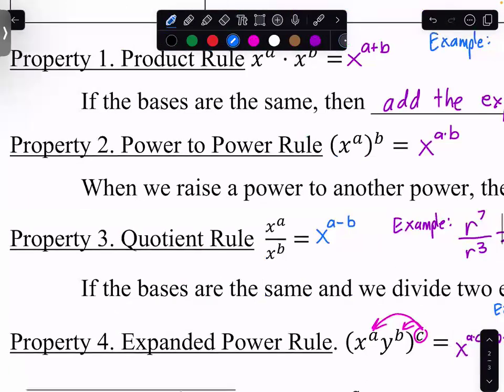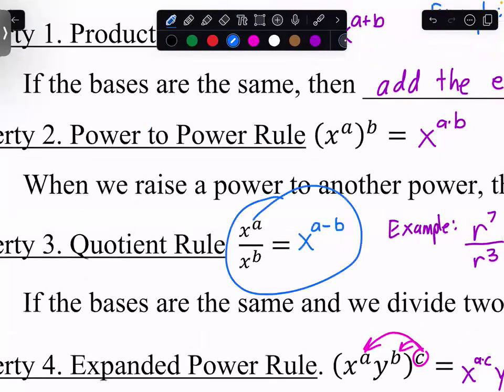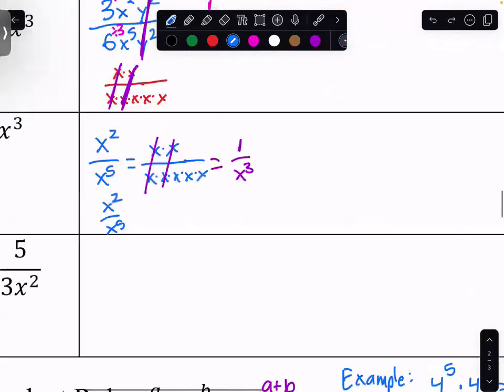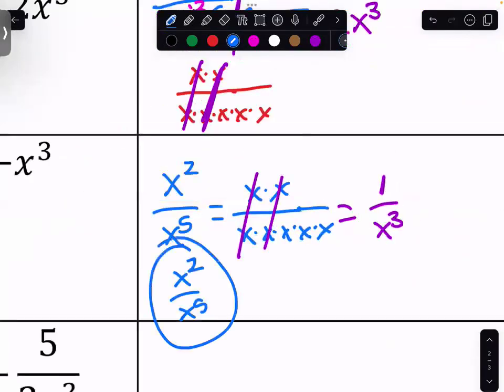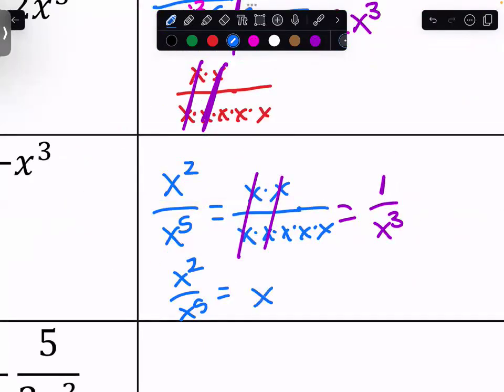We said that when you divide two terms, you should be able to just subtract the exponents. So doing that to this problem, you would subtract 2 minus 5. Now notice the order matters. The numerator exponent has to come first. So even though 5 minus 2 is easier, you have to do 2 minus 5.